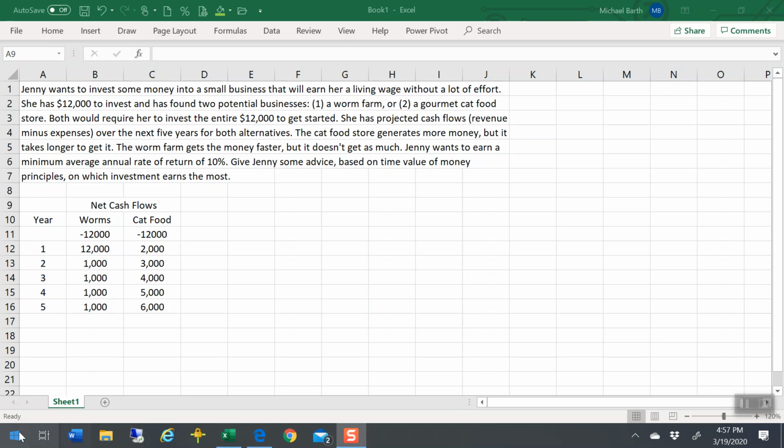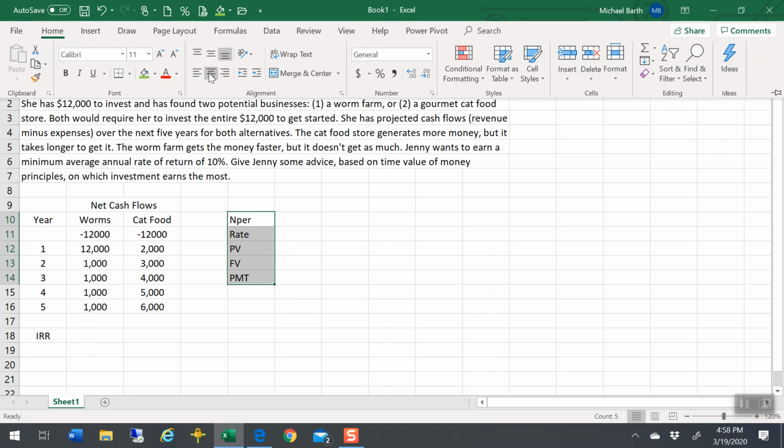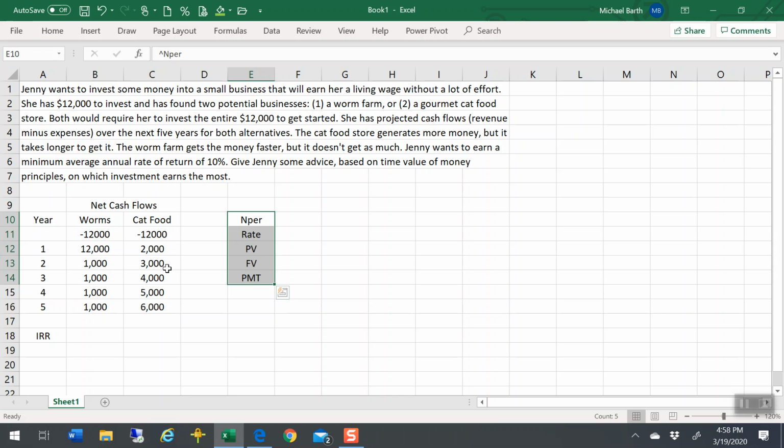To calculate the average annual rate of return for uneven cash flows, we can use the IRR function. Remember that the number of periods, rate, PV, FV, and payment approach that we looked at in a different module would require that the cash flows in years 1 through 5 be the same, and they're not here.